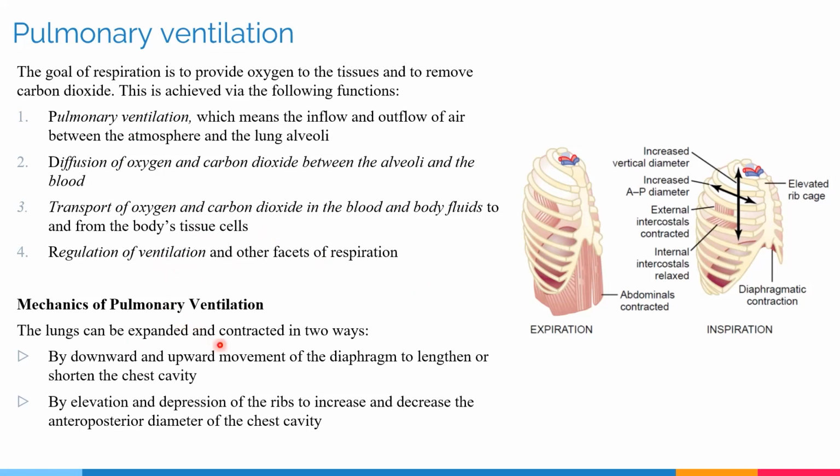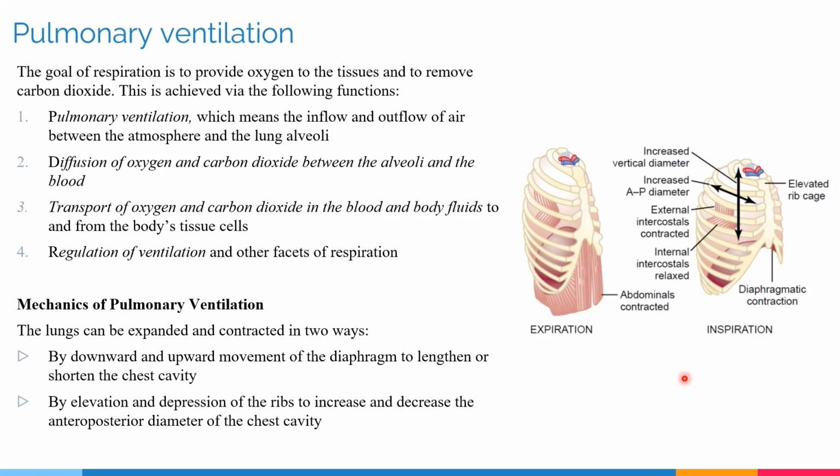The lungs can be expanded and contracted in two major ways. The first is by downward and upward movement of the diaphragm to lengthen or shorten the chest cavity, or by elevation and depression of the ribs to increase and decrease the anterior posterior diameter of the chest cavity. As you can see in the diagram right here, we have shown different muscles which help in expiration and inspiration via the lungs.